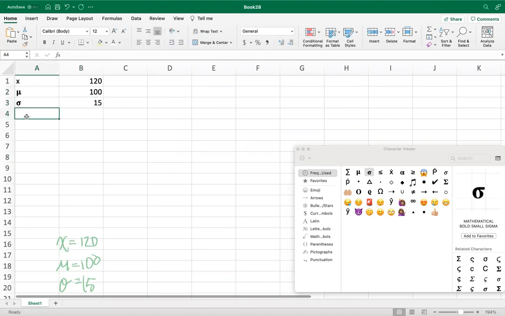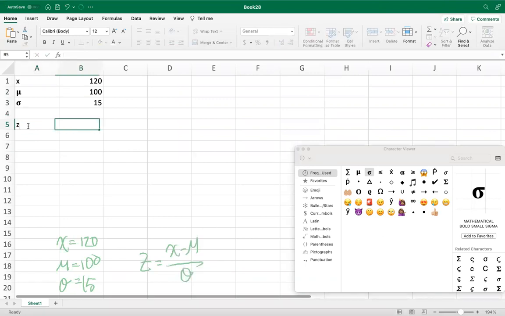The way we could find our z-score: Z is equal to X minus the mean, divided by the standard deviation. Z in this case is going to be equal to, our numerator is X minus the mean, and we're dividing that by the standard deviation.